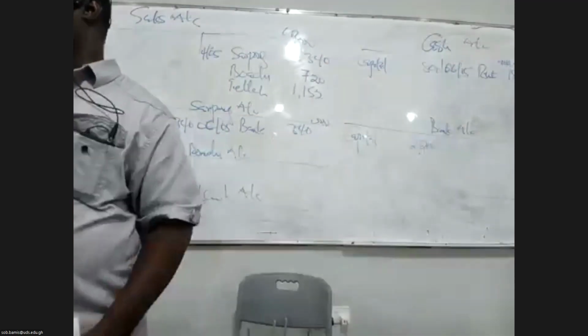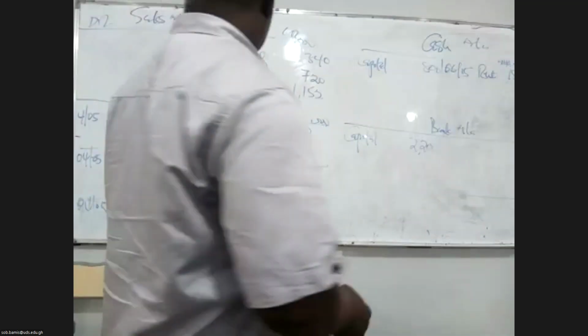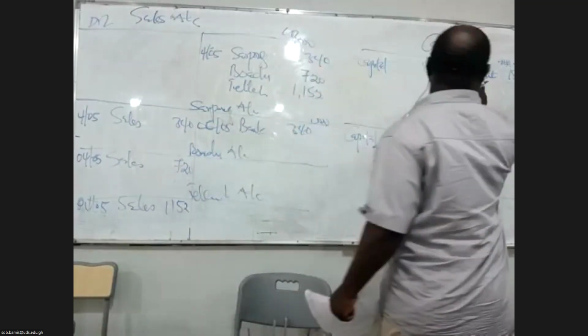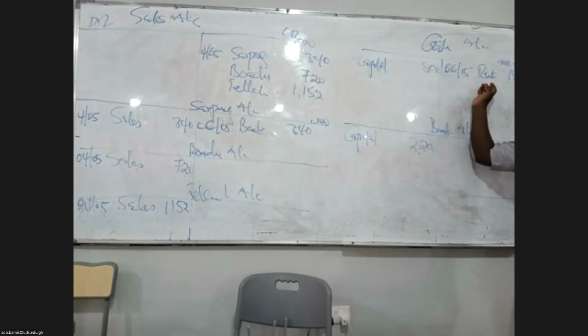Come again. The May 6, the rent account. The corresponding entry is what? Rent. Are you okay?